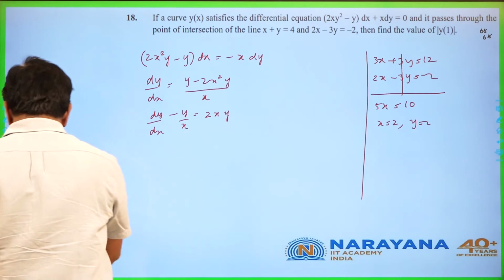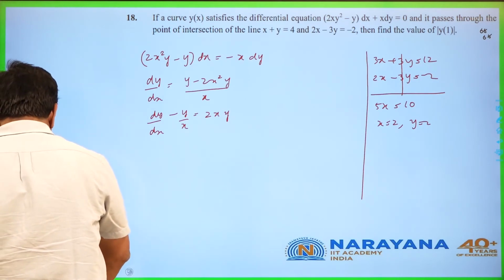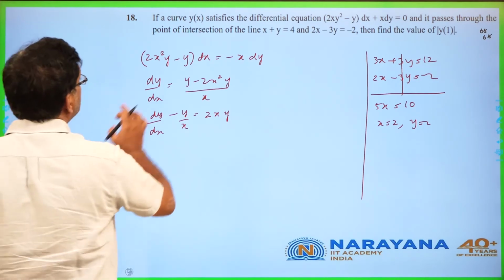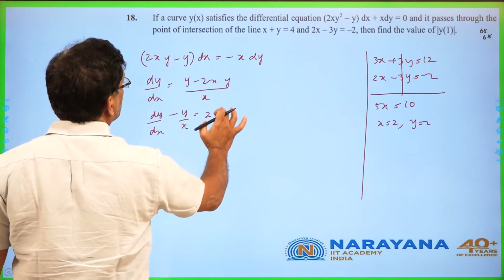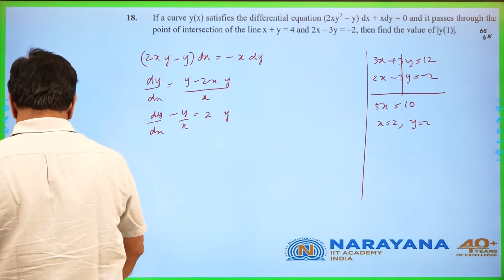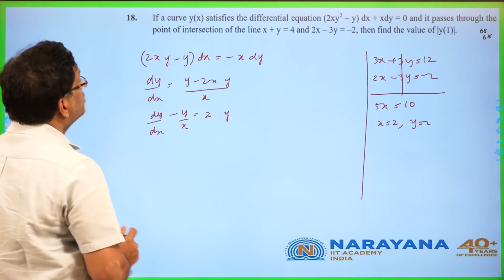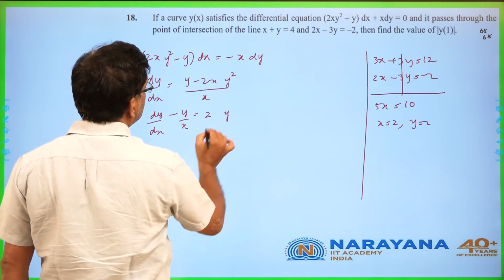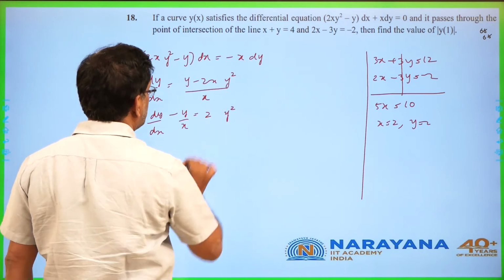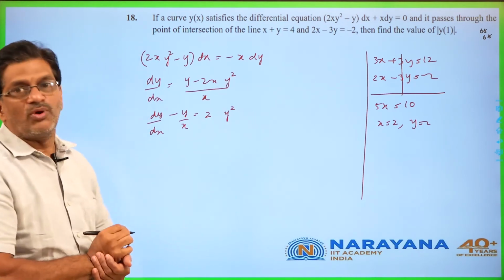Sorry, here he has given square for y. I will change. 2xy square. 2xy square. x I cancelled. Right? This is what we are getting.